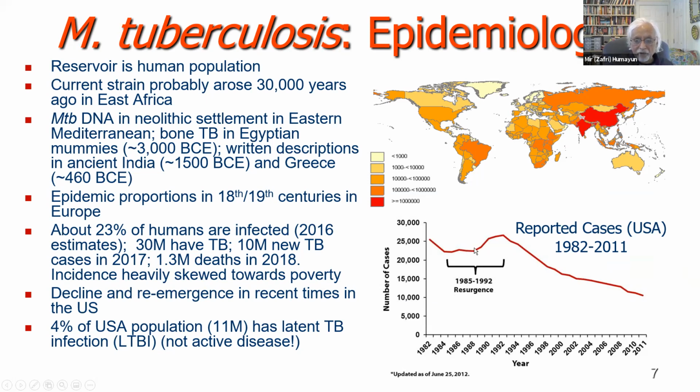Then there was a brief uptick coincident with HIV infection, but there has been a subsequent decline. This is where we are in recent years, approximately 10,000 to 15,000 new cases per year in the United States.